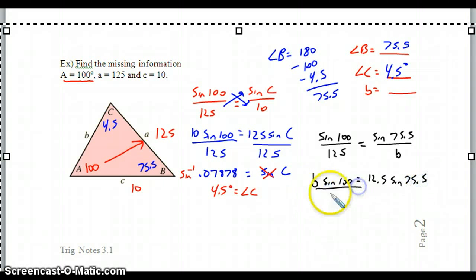We'd have to get rid of the sine of 100 by dividing. So 12.5 sine of 75.5 divided by the sine of 100. I get 12 point, I round it 3.